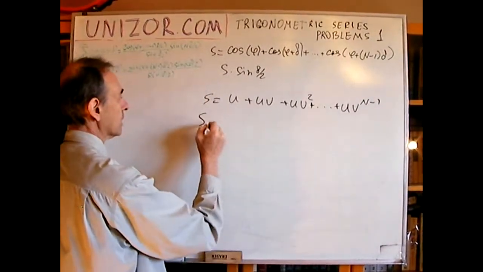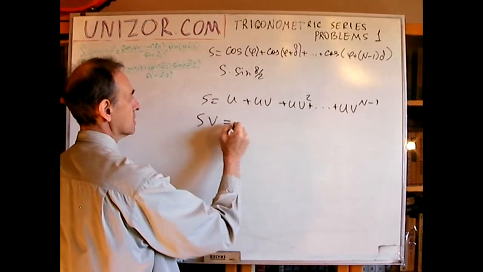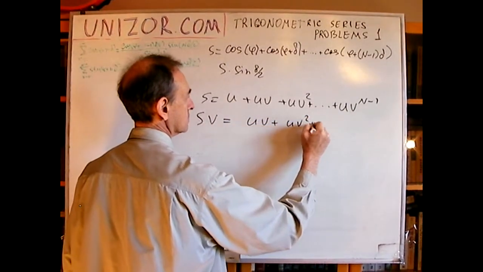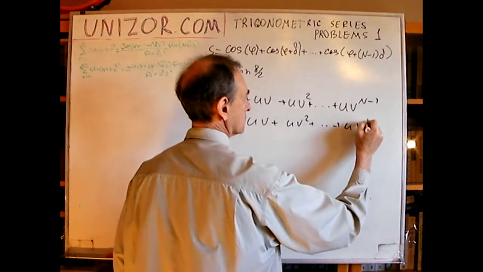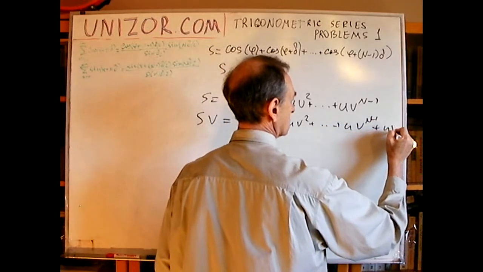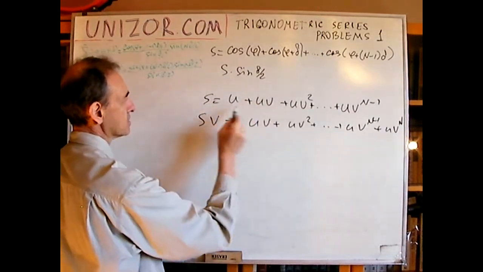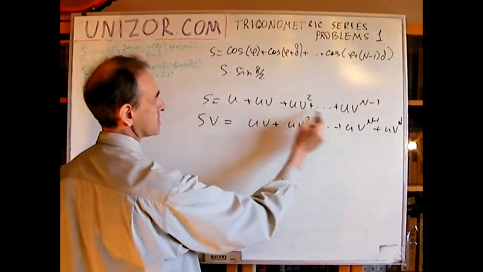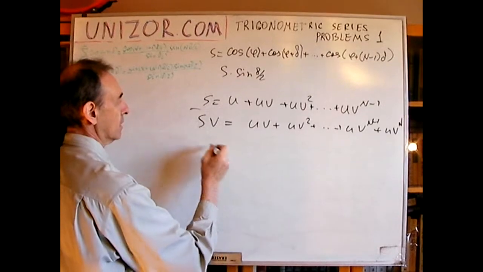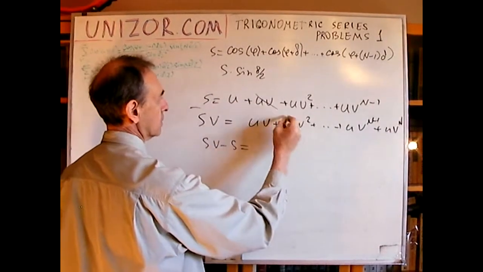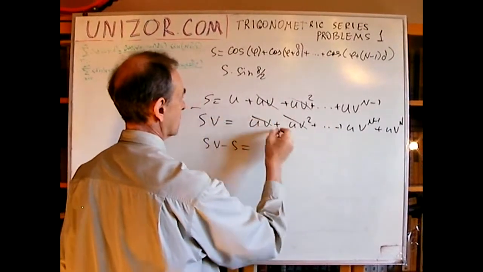Well, I multiply it by V in this case. Every member is multiplied by V. So this would be this, etc. And then I subtract, and as soon as I subtract, I will have this.